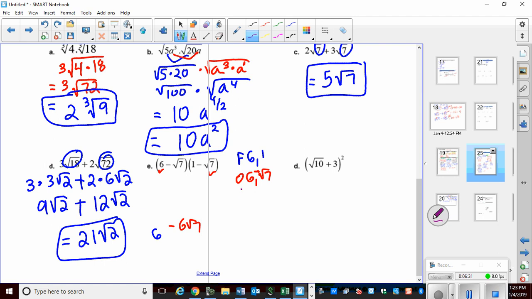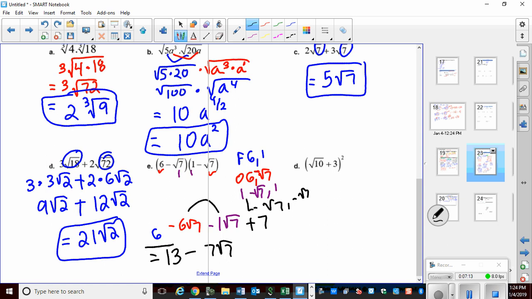Then we have the inner, which is square root of 7 and 1. Negative square root of 7 times 1 is minus 1 square root of 7. And then we have the last, which is negative square root of 7 times negative square root of 7, which is positive 7. Now, combining my like terms, 6 plus 7 is 13, minus 6 minus 1, that's negative 7 square root of 7. Here's my final answer.